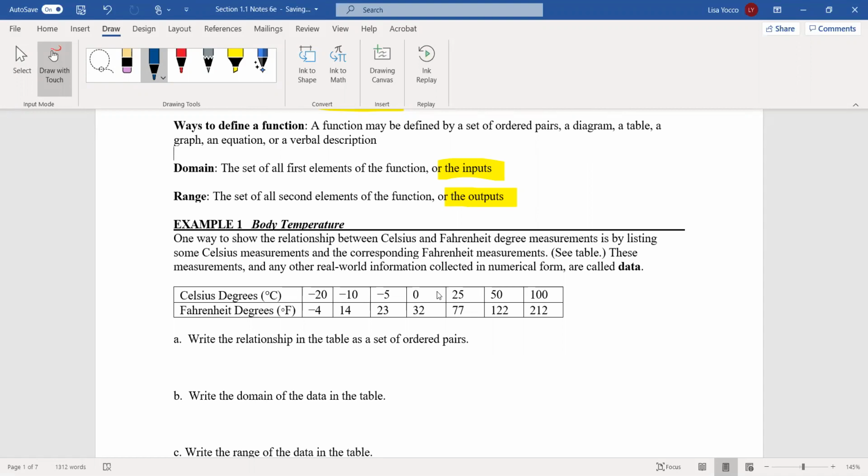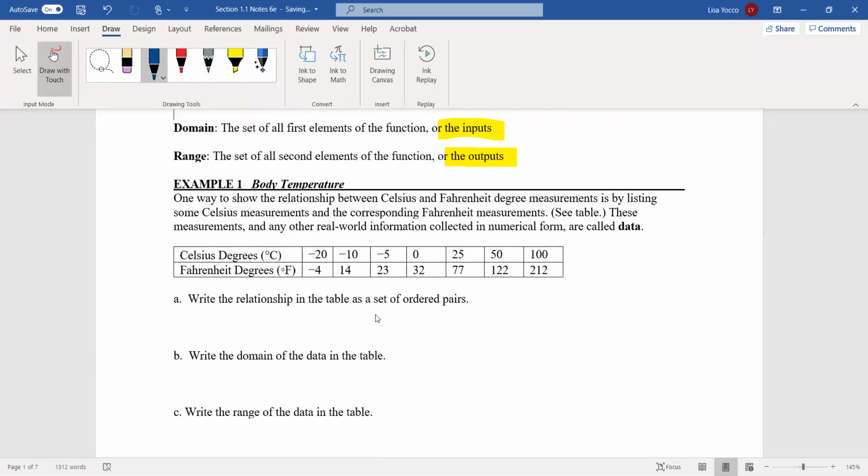At the far right of the table, that's the boiling point, 100 degrees Celsius, 212 degrees Fahrenheit. So there's a relationship between the degrees, and we can figure out what that will be later. It says write the relationship in the table as a set of ordered pairs.